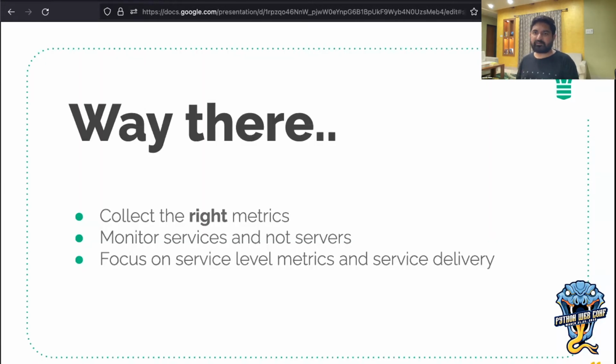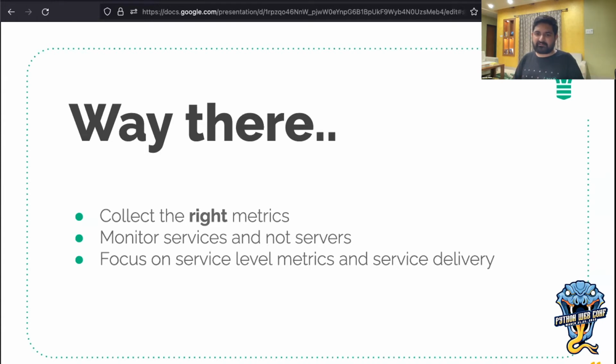First and foremost, we start collecting the right metrics. Or, if I want to be more abstract, we start collecting the right data to measure the system. Then we monitor services and not really servers. Because in modern systems, as we saw in the incident itself, the system was never down. It wasn't available, it wasn't responsive enough. In the modern world, the system will never be down.